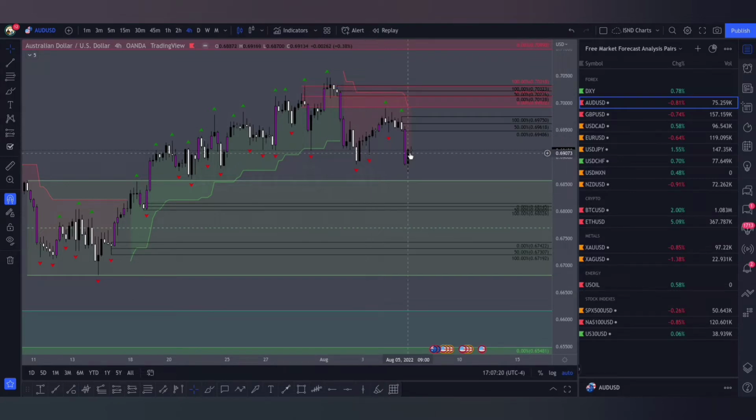So we may see this pair pull back up into either this unmitigated 4-hour supply, possibly this unmitigated 4-hour supply, or the unmitigated institutional distribution zone that I have marked here.